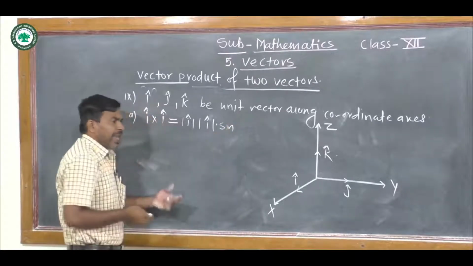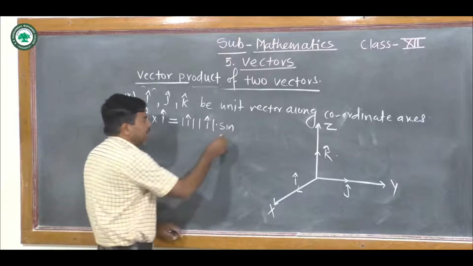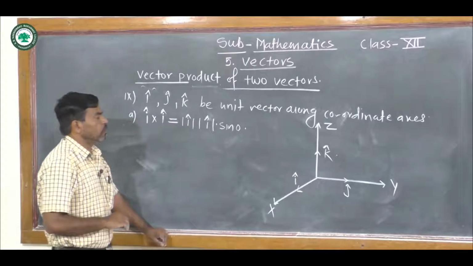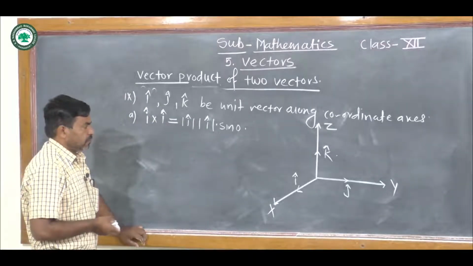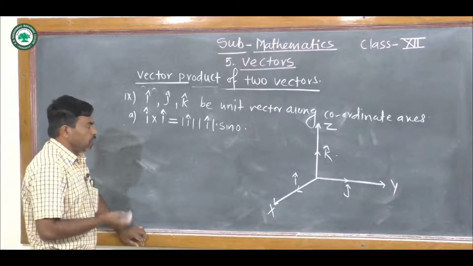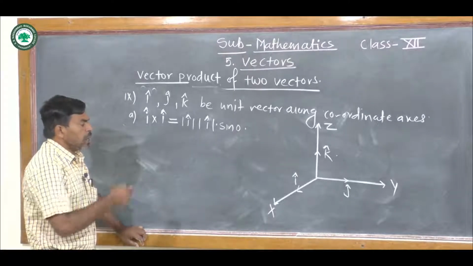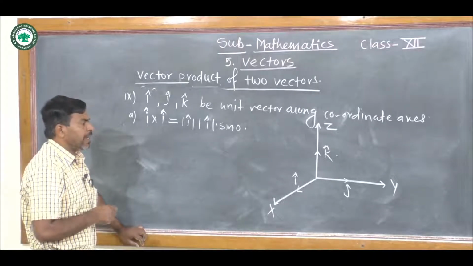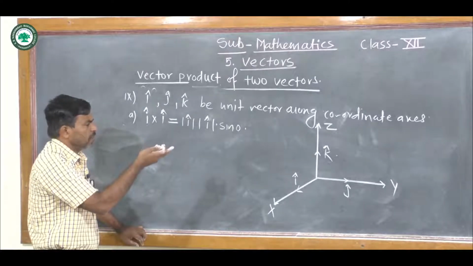The sine of the angle between i cap and itself is 0, that is sin 0, times the unit vector perpendicular to i cap. Now the unit vector perpendicular to i cap is j cap or k cap. You may write any one.